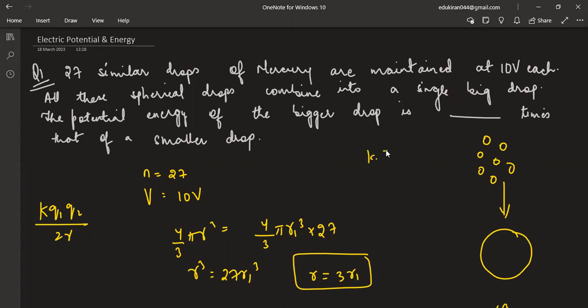You have kinetic energy and you have potential energies. Kinetic energy is K Q1 Q2 by 2R, and the potential energy is minus K Q1 Q2 by R. Yes, ma'am. Okay.